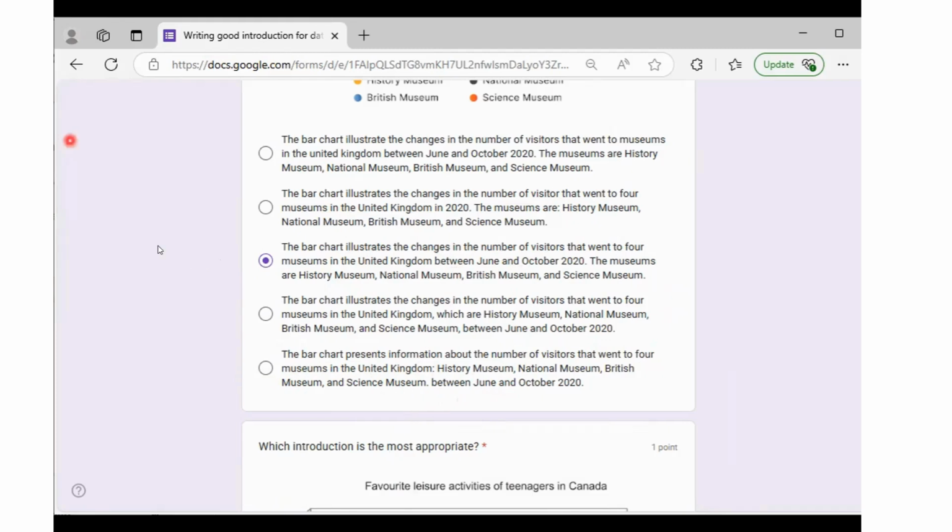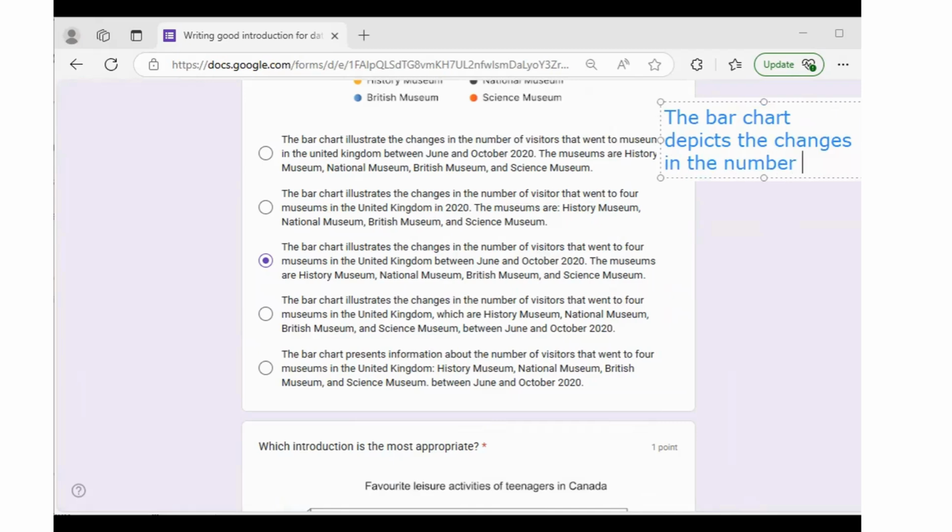Now, if you want to do a 1-sentence introduction by force, let me show you what it should look like. The bar charts, let me change the color of this thing. Let me change it to blue. The bar charts depicts, I can say illustrate or shows, anyone I want, depicts the changes in the number of visitors to 4 museums.